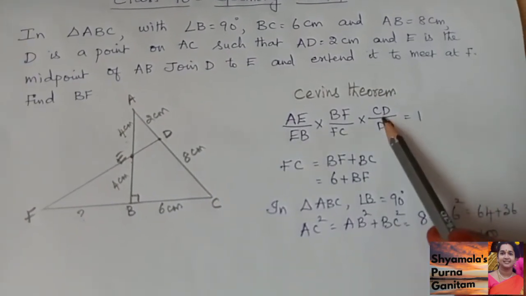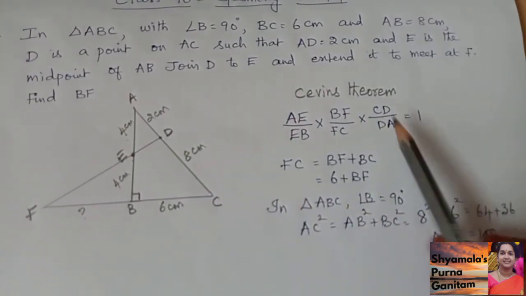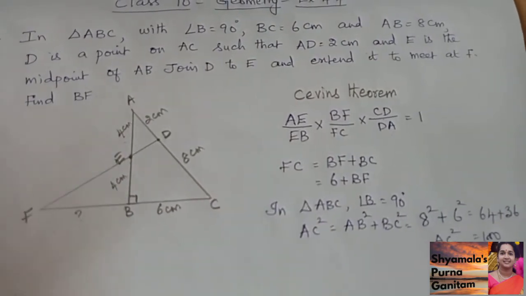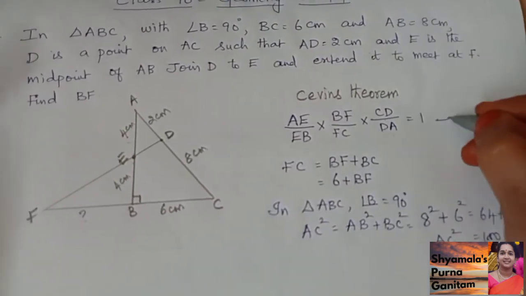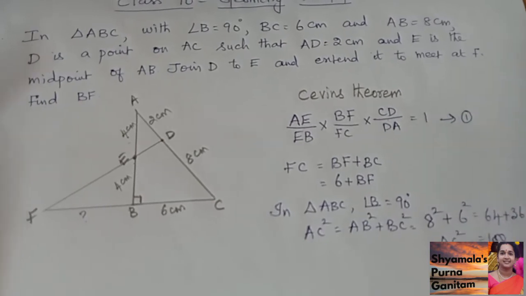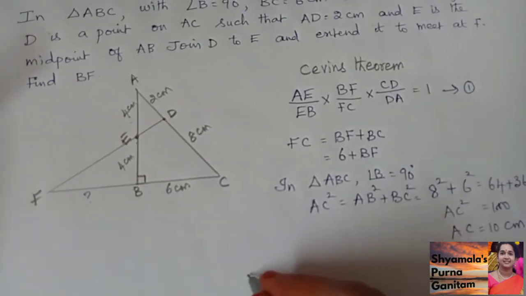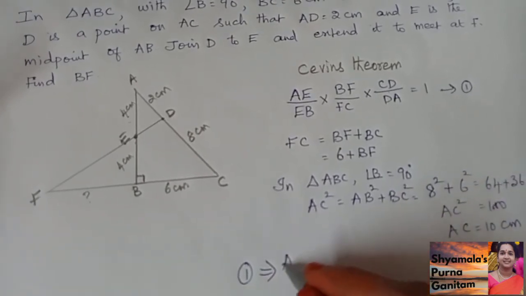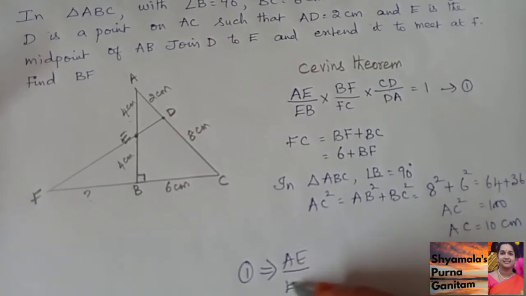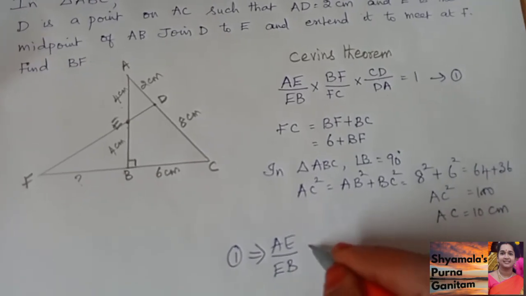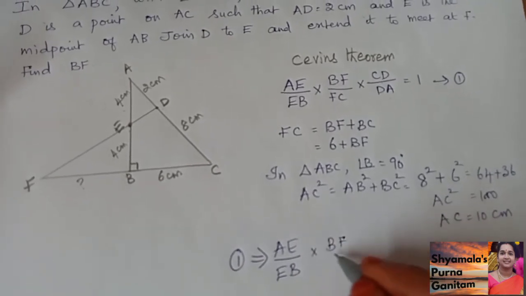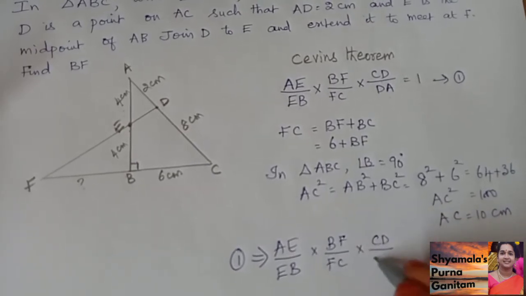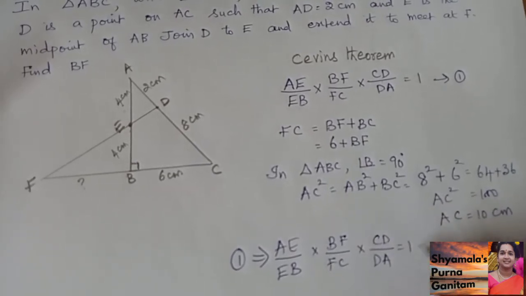Okay. So CD will substitute 8 centimeter by DA 2 centimeter. Now we got all the values. We'll substitute all the values in the first equation. So first equation is AE by EB into BF by FC into CD by DA is equal to 1.